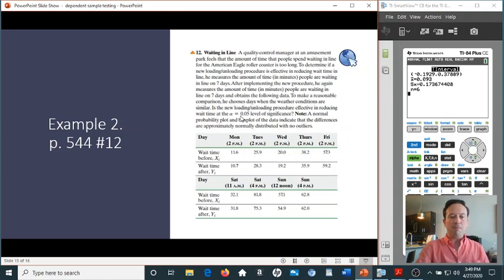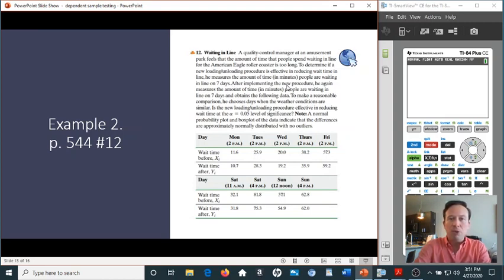All right, example number 2. Waiting in line. A quality control manager at an amusement park feels that the amount of time that people spend waiting in line for the American Eagle roller coaster is too long. To determine if a new loading and unloading procedure is effective in reducing wait time in line, he measures the amount of time in minutes people are waiting in line on 7 days.